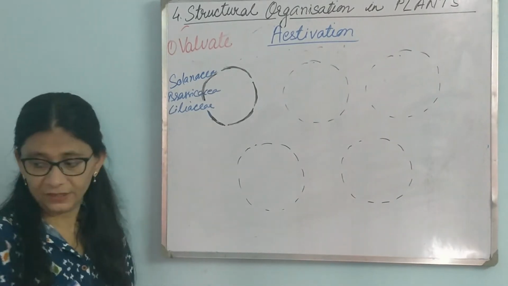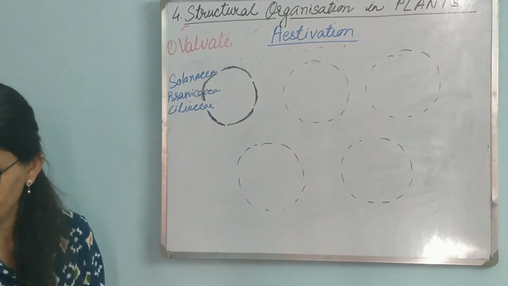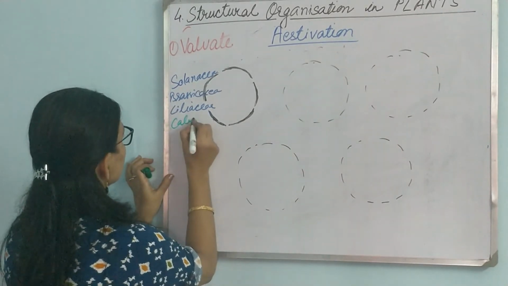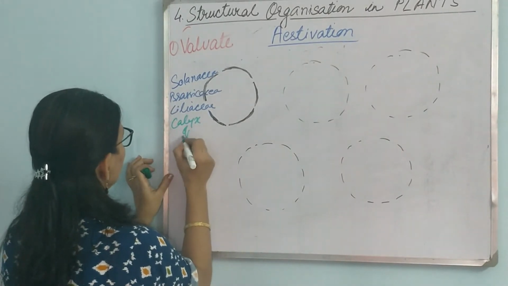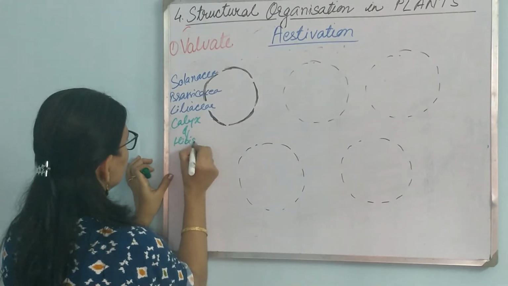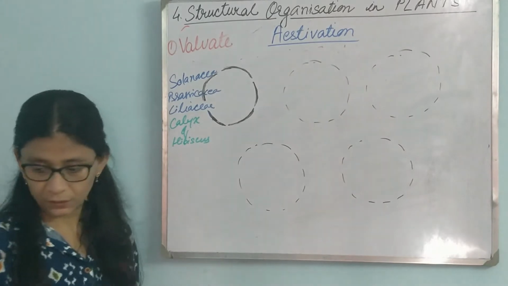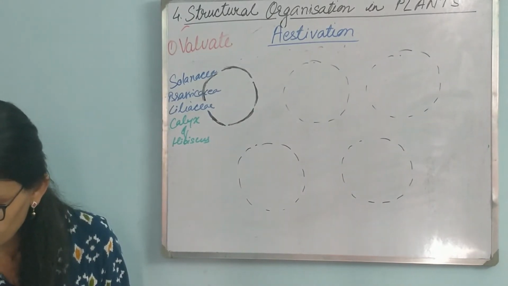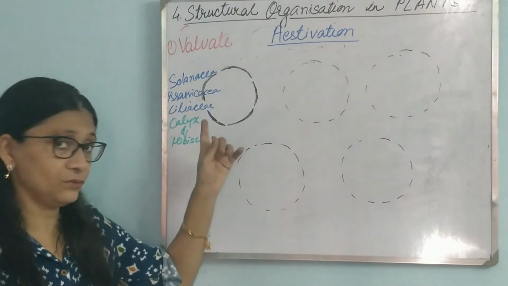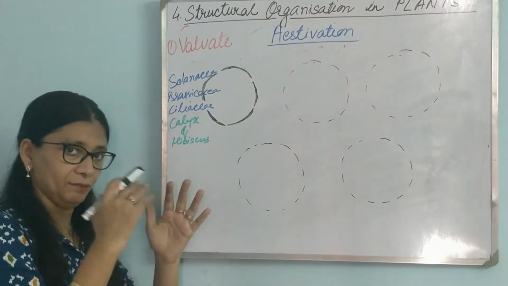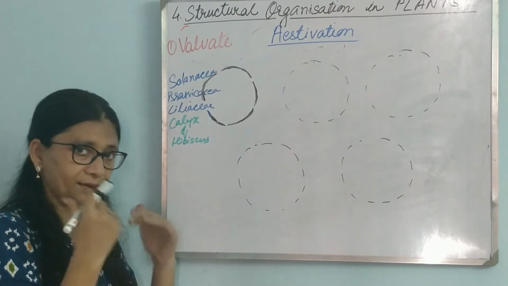Like if we see the calyx of hibiscus, it is in valvate, but not the corolla. Corolla is in a different method, but the calyx is valvate type. So valvate, I hope it is clear. They are arranged side by side. The units are arranged side by side.